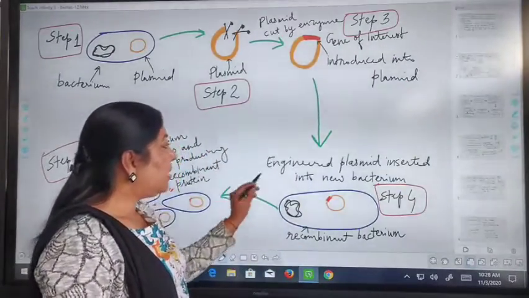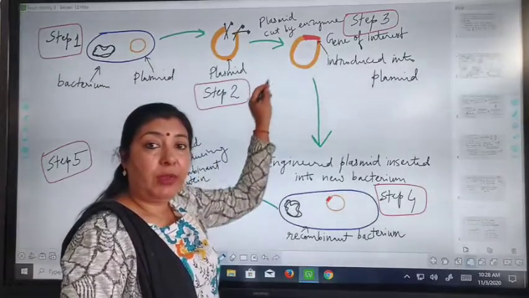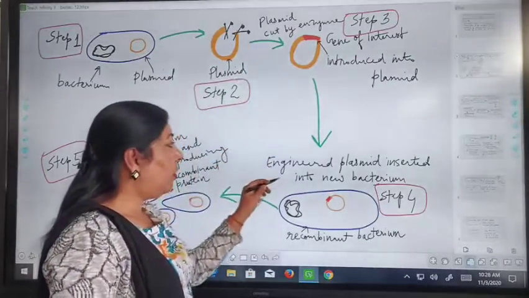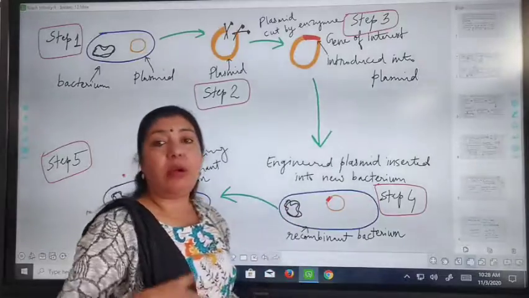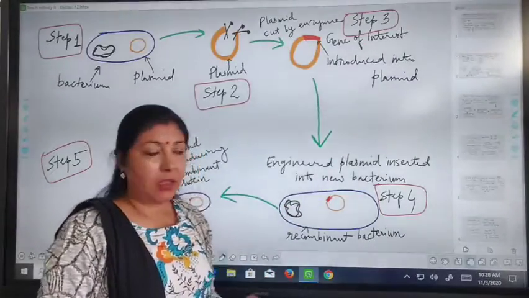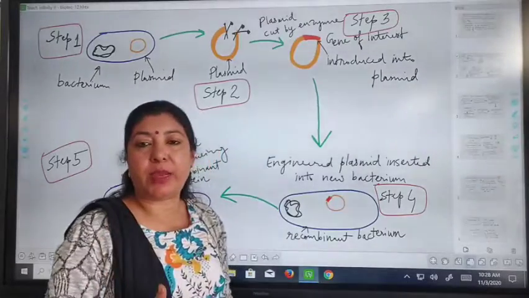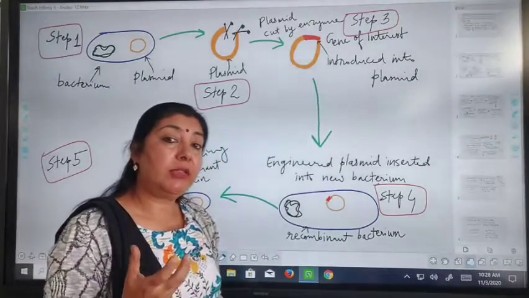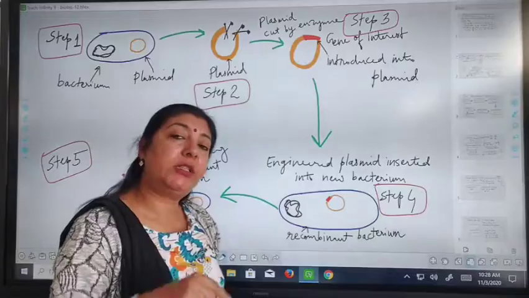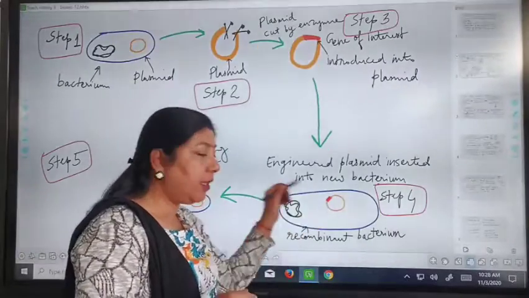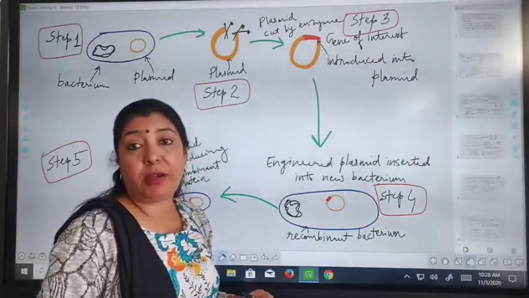Now this plasmid, which is recombined now, is inserted into a new bacterium. So this bacterium will be called a recombinant bacterium because it has got one foreign gene, which is not of this bacterium but for our interest.